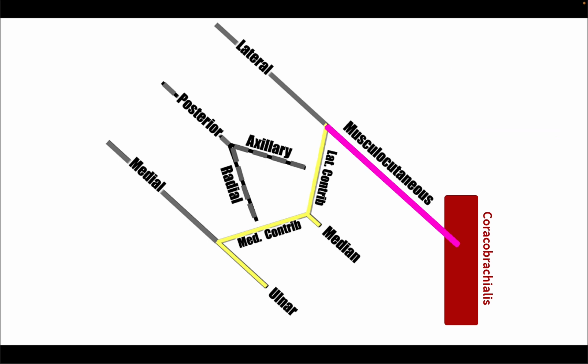Then I can take that musculocutaneous nerve and trace back to find the lateral cord, which then I can trace out to find the median nerve by tracking along that lateral contribution. Once I find the median nerve, then I've found the middle of my anatomical M and can trace up to find my medial cord, which then I can trace down to find my ulnar nerve.